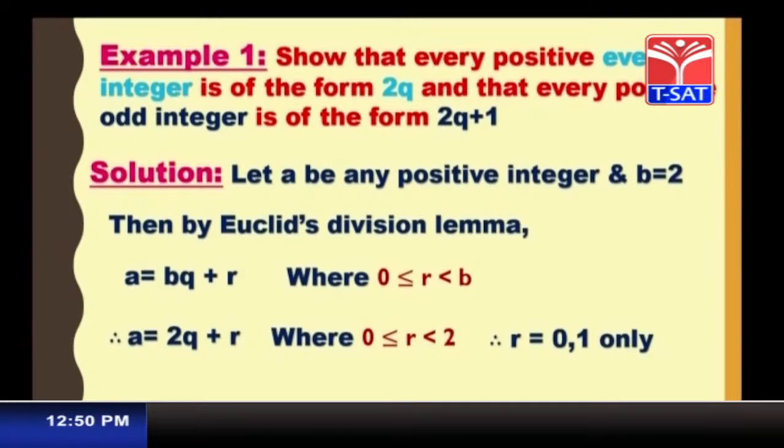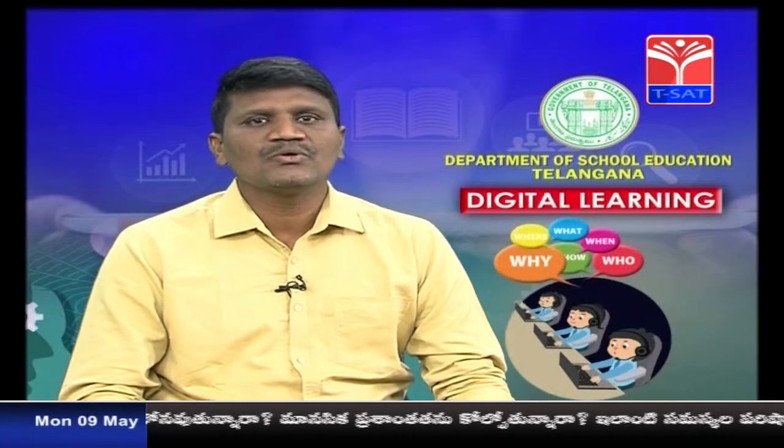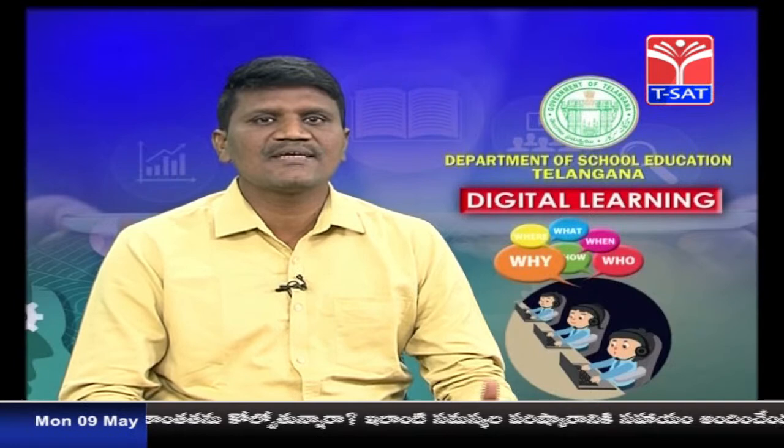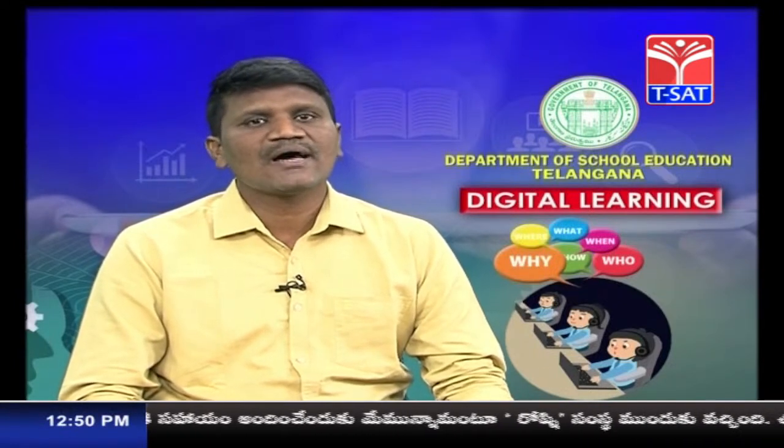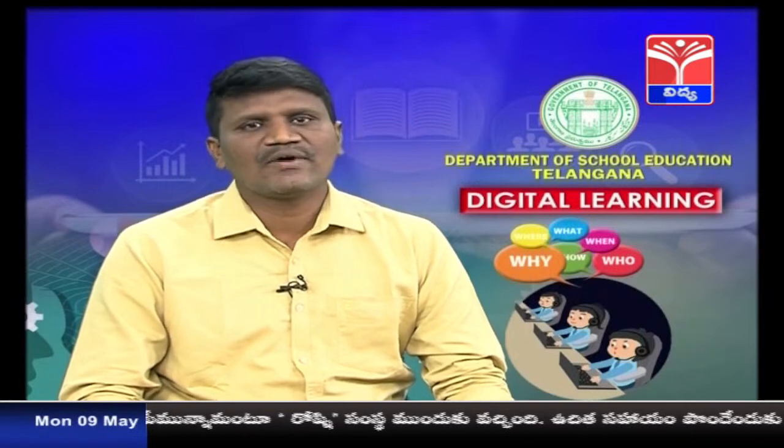Here, the remainders are only 0 and 1, because as per Euclid's division lemma 0 is less than or equal to r less than b. Here b is 2, so I should consider the integers less than 2, which means only 0 and 1. So r is equal to 0 or 1 only.